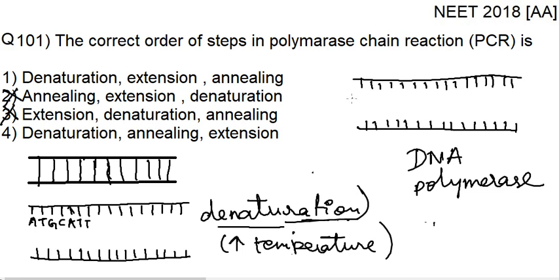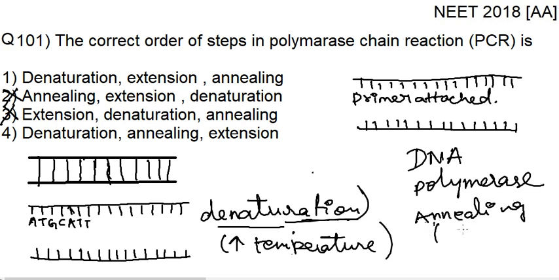So first there is a primer attached. This process is known as annealing. Why annealing? Because in annealing you lower the temperature.